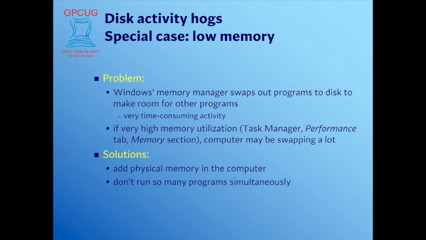So the solutions for that really are to add physical memory to the computer so that it doesn't have to swap out programs as often, or don't run as many programs simultaneously so that Windows doesn't try to keep them all ready and available for you just by swapping things in and out.